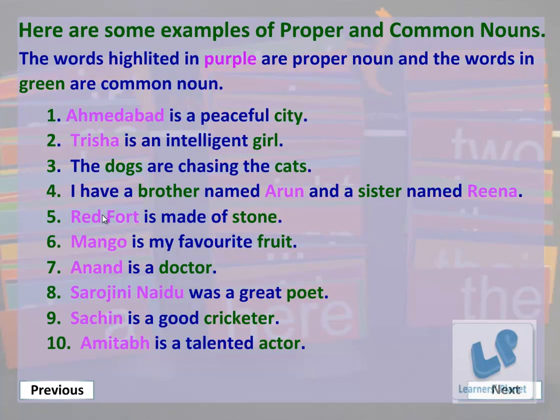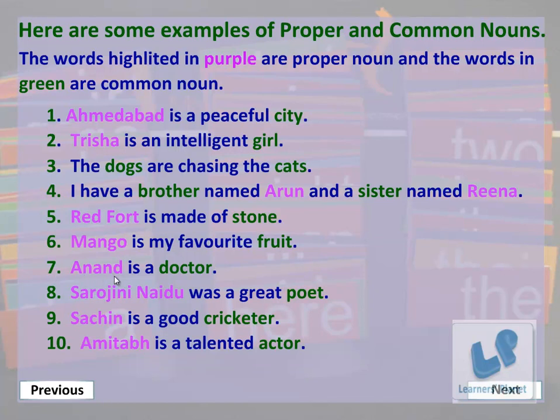Red Fort is the name of a place, that's why it's a proper noun, whereas stone is a common noun. Sixth, Mango is my favorite fruit. Mango is the name of a specific fruit that I am talking about, whereas fruit is a general term, that's why it's a common noun.